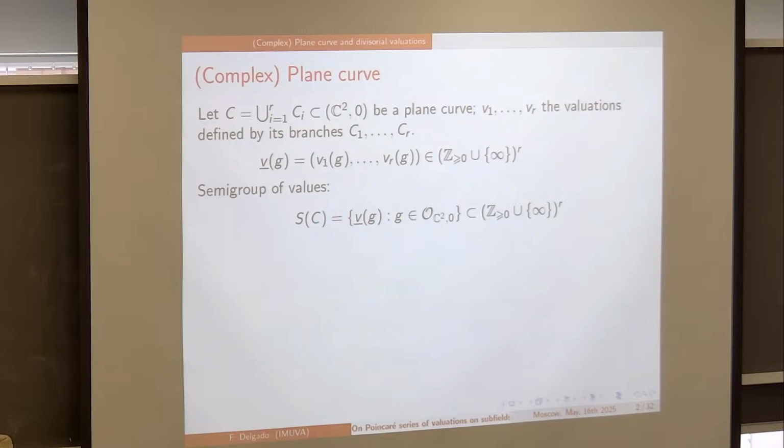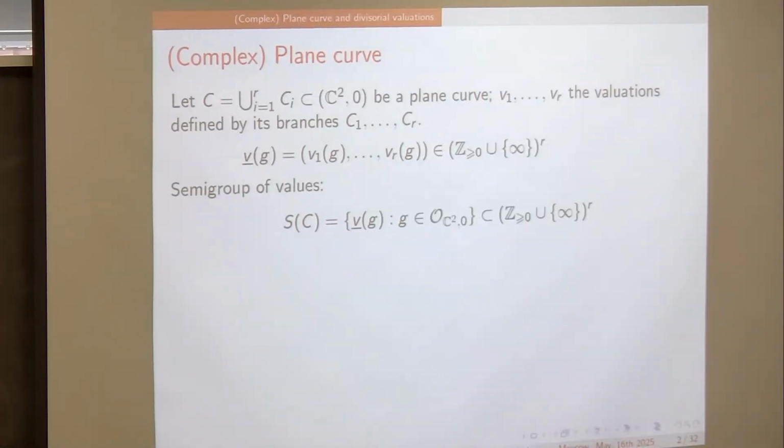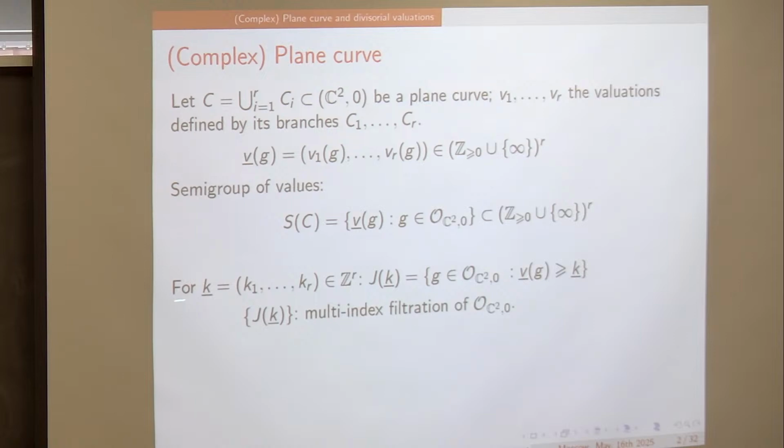But we want to take something more than the semigroup. We want to collect more or less the size of the functions given some value. We do this in this way. For any vector of integers k, we define this ideal J of k, all the functions with value bigger or equal than k, meaning bigger or equal in each coordinate.